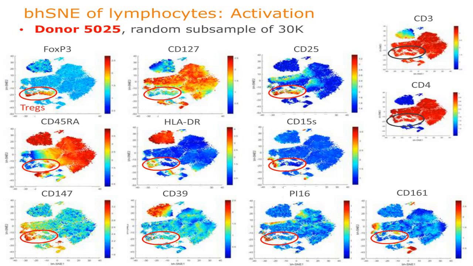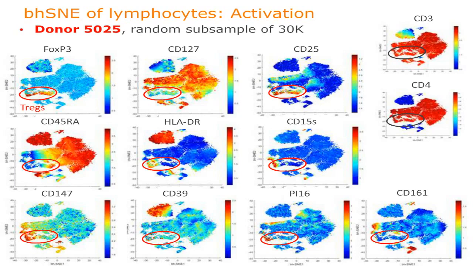And what you'll notice is that this Tyznik plot looks different than the previous one, and that is to be expected. However, if we go to the upper right-hand corner, once again, we see that there's an overlay of the CD3, which defines my T cells, and we also have an overlay of CD4, where we can see what our CD4 positive T cells are, and we can maybe infer where our CD8 T cells are.